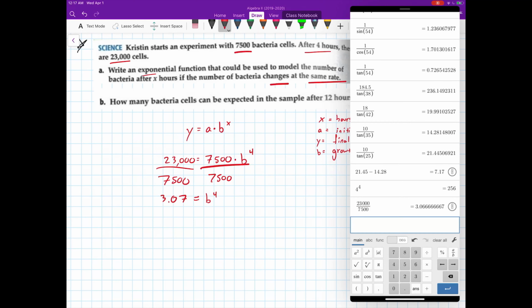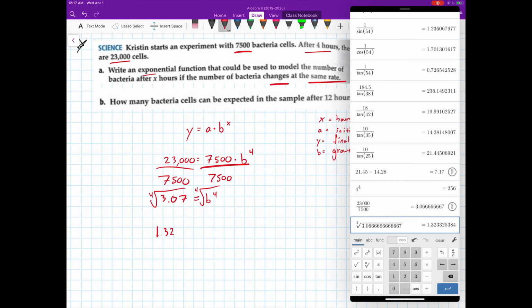And to solve that, we'll just take the 4th root of both sides. So the 4th root of 3.06666667, and we get b being equal to about 1.32.